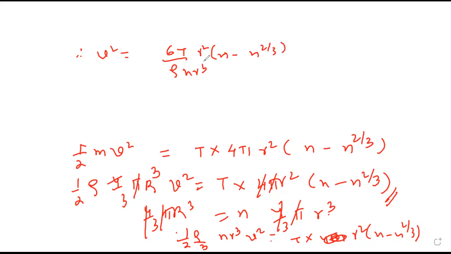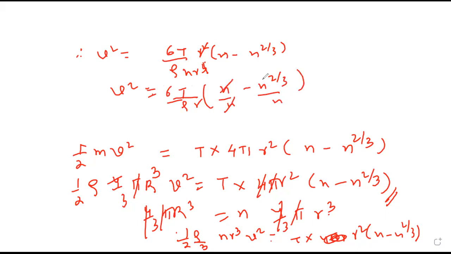So this r cube, r square cancels, and I am taking n inside. So v square is 6T by rho r, n upon n minus n raised to 2 by 3 upon n. This will get cancelled. So it will become v equals root of 6T upon rho r, 1 minus n raised to 2 by 3, 1 upon n.